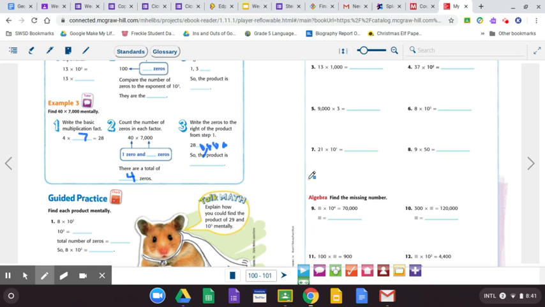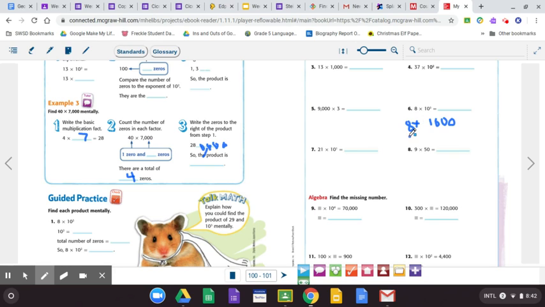I don't think that there's any exponents on the Google Forms, but just to review it, if you see it, this is 10 to the third power, so that means there's 3 zeros. So what that one is, it's 8 times 1,000, because it means there's 3 zeros. You're finding the basic fact.